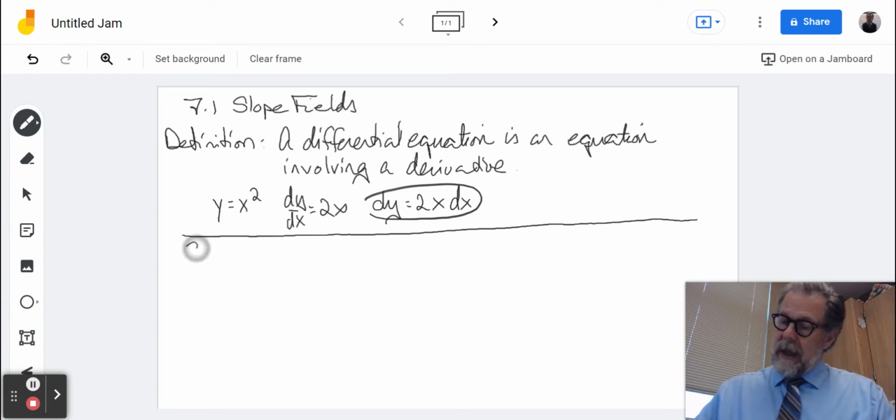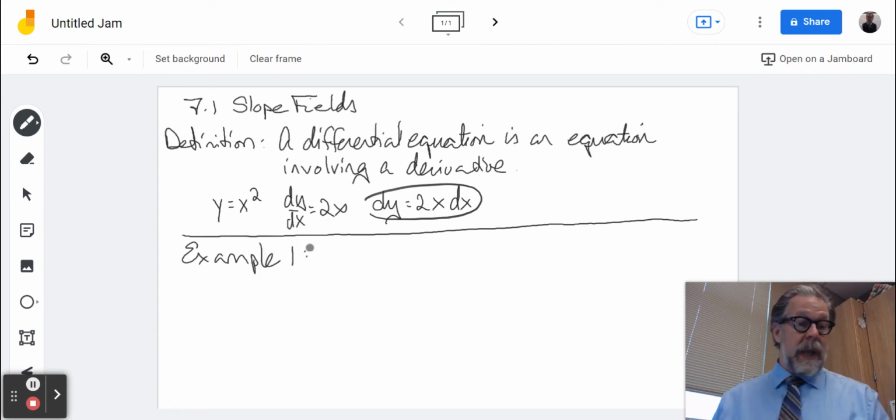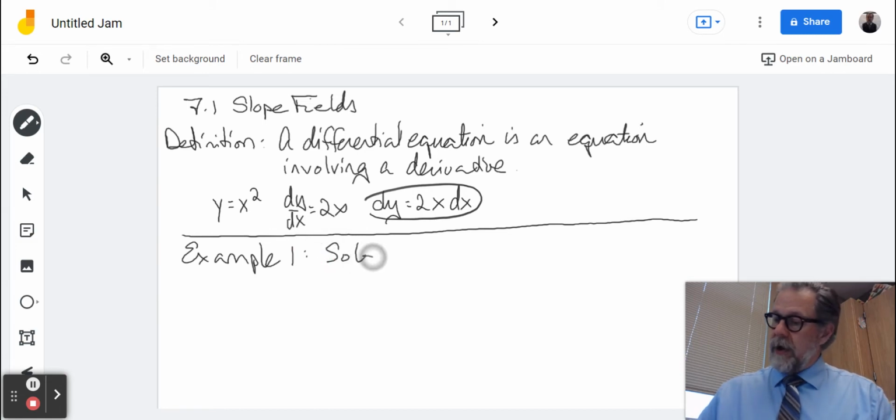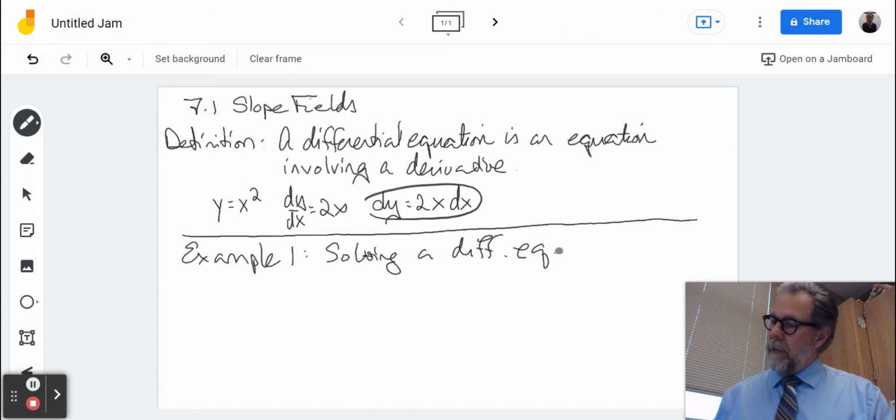So let's take a look at example 1. Example 1 is solving a differential equation. By the way, often abbreviated DiffEq. At college, you will take DiffEq, differential equations.